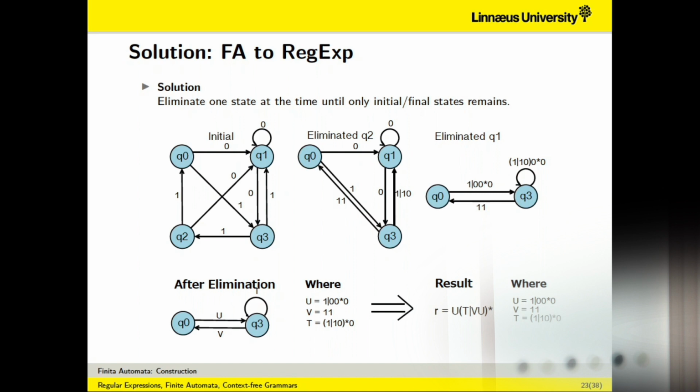On the other hand, if I see this path from Q3 to itself, don't forget that part, because you have added the edge for this one, but you also have a Q3 to Q3 itself, and this path is starting from the 1 or 1, 0, so 1 or 1, 0, and then we have a 0 that can come many number of times, and then it ends with the 0.